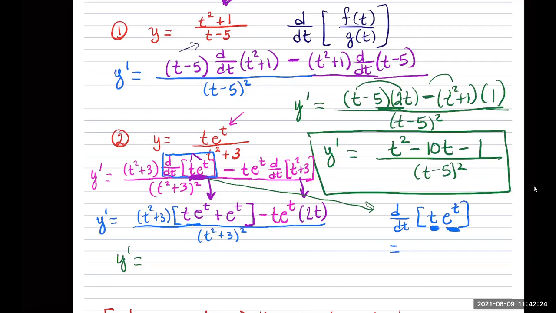So the product rule says we take the first one, which is t, times the derivative of the second one, plus the second one, times the derivative of the first. And the derivative of e to the t is itself. And the derivative of t to the first is just 1.